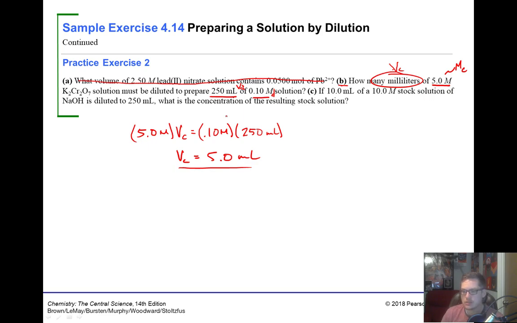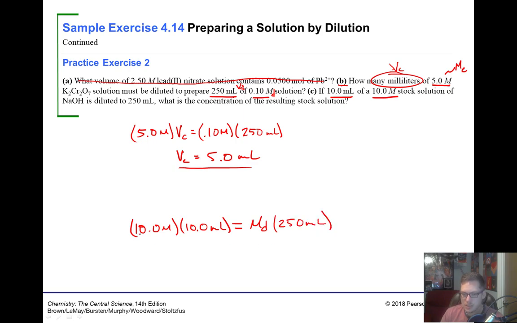Part C is essentially the same idea. We're taking 10 milliliters of a 10 molar stock solution of sodium hydroxide and diluting it to 250, and we want to know the new concentration. So we're taking the molarity of our stock, which is 10.0 molar, and 10.0 milliliters of it, and we're diluting it to 250. So we want to know the new molarity of our diluted solution, times 250 milliliters.